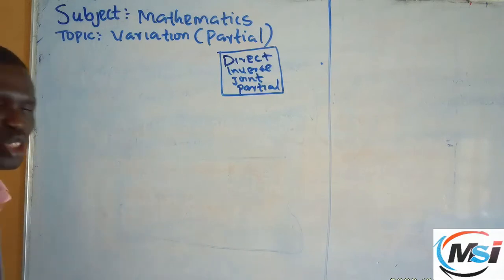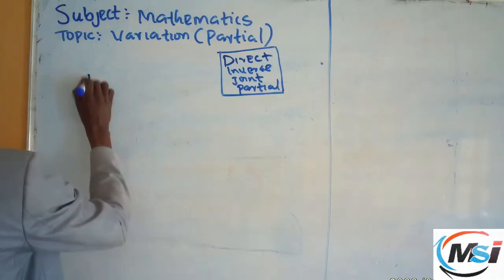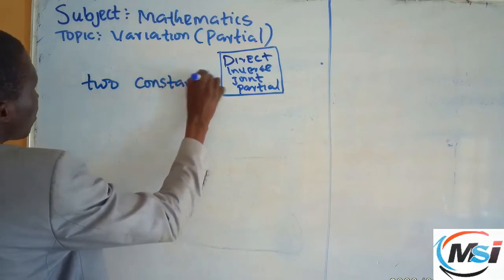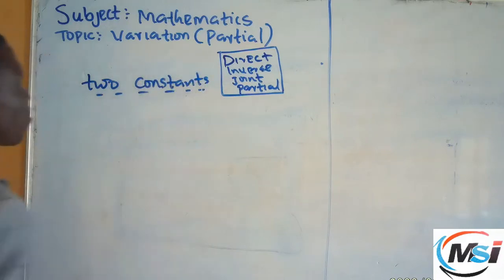In partial variation, we have two constants. I will explain to you.